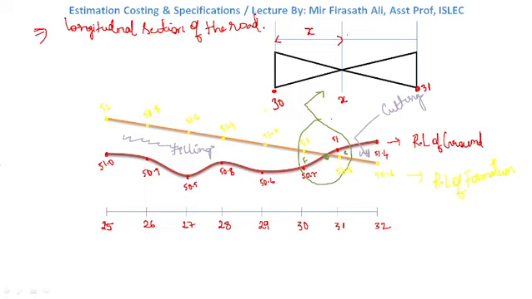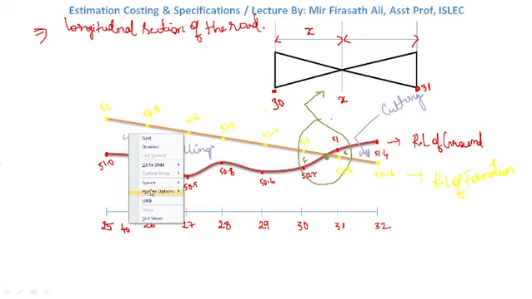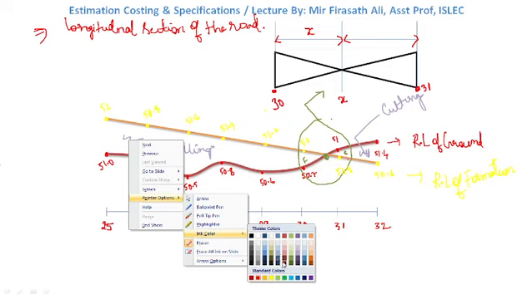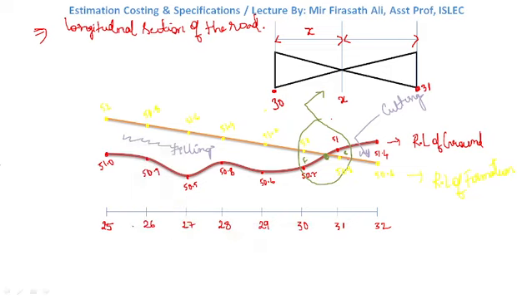What will be this distance? The remaining distance. As the distance between each and every station is how much? 40 meters. I will write it down in another color. The distance between two stations is 40 meters.